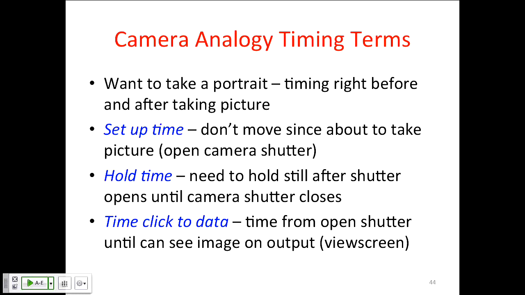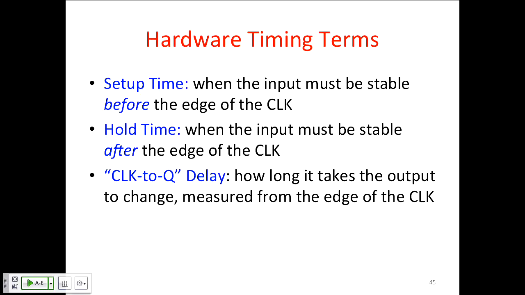The flip-flop works that way. There has to be a period of time where all the signals to the flip-flop are steady. That's called the setup time. Then the clock edge arrives, and they have to stay steady while the clock is arriving and for a little bit of time afterwards, called the hold time. So you have this little window where the signals have to be steady, just like when you're taking a picture, you want people to be steady while the shutter is open. This is how the flip-flop works as well.